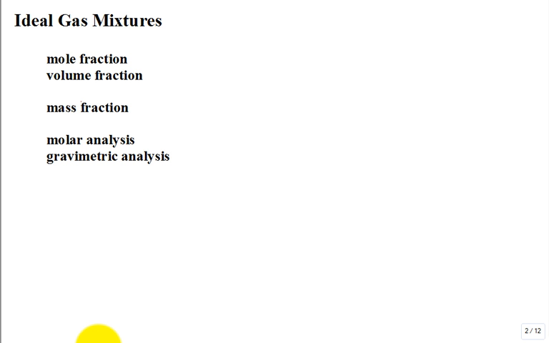So we review what a mole fraction is. When we have a gas mixture, it can be made up of multiple components. This textbook talks about the mole fraction and uses the symbol Y for it, with a subscript i. That's the mole fraction of component i in the gas mixture.